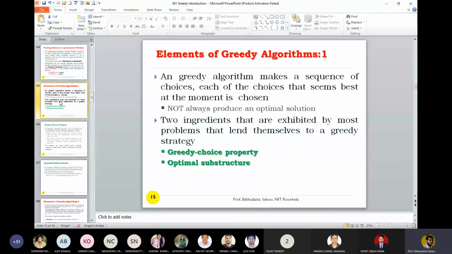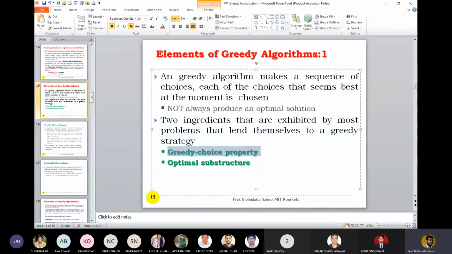Again, a greedy algorithm makes a sequence of choices. Each choice seems best when we look at the local environment, and this does not always produce an optimal solution. Two ingredients that make problems lend themselves to the greedy strategy: one is the greedy choice property, second is the optimal substructure.